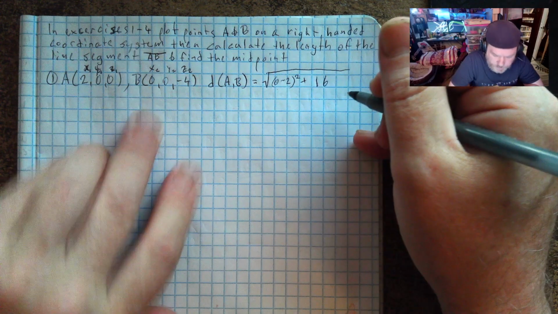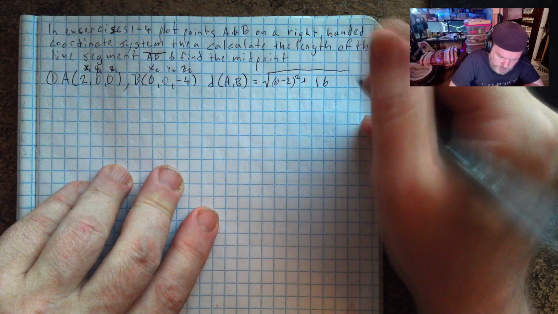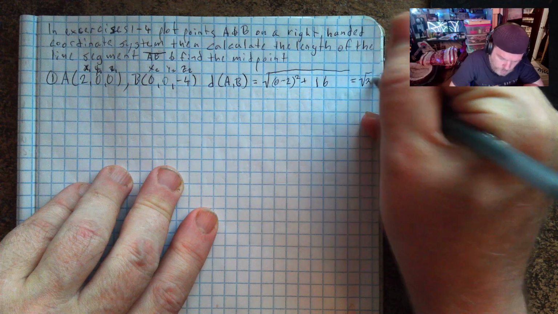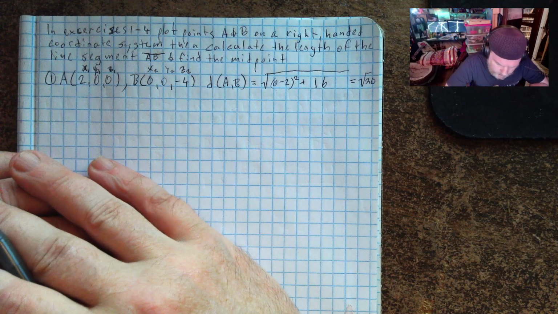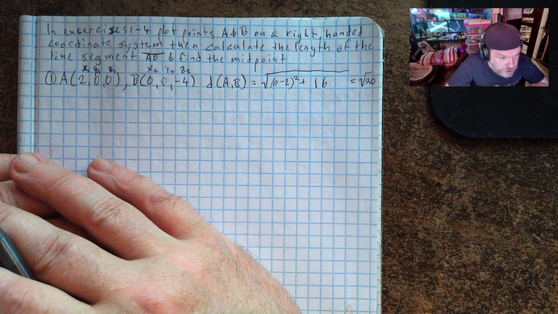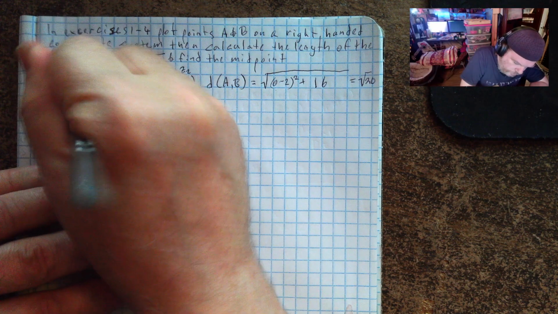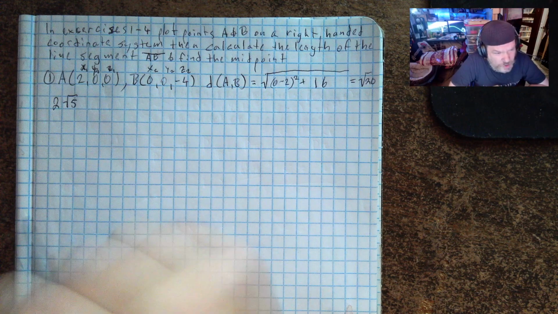Right, that's all I got to do. Okay, 16, so it's going to be root 20. Now, that's going to be 2 root 5. What is that number? 2 times the square root of 5.